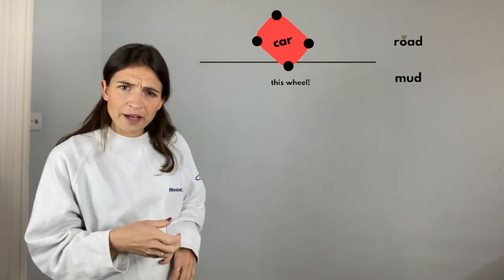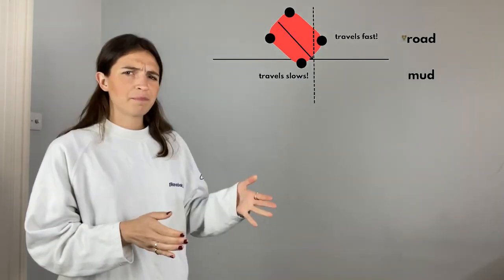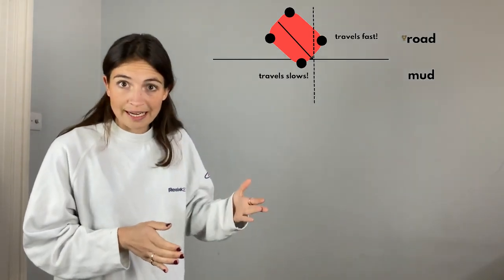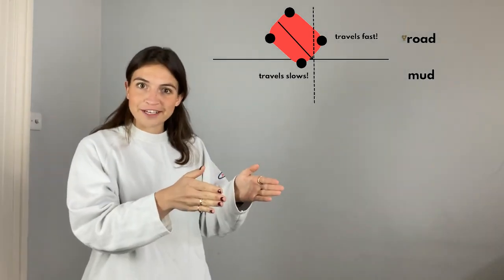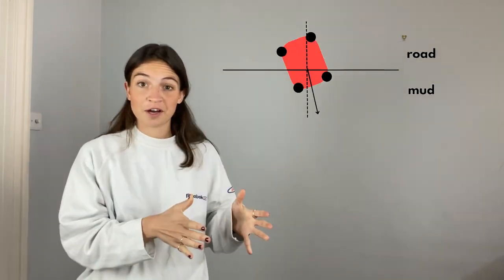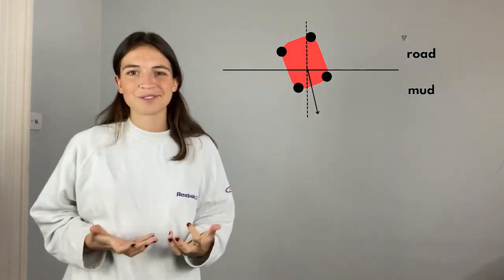That means that that wheel will start to travel slowly as it hits the mud. But my wheel that's still on the road is still travelling just as quickly as it was before. That difference in my wheel speeds causes my car to turn. My car would turn towards the normal, just like my light bends towards the normal.